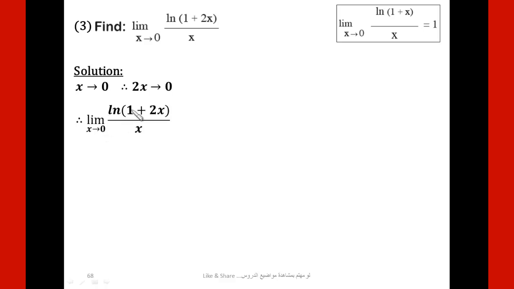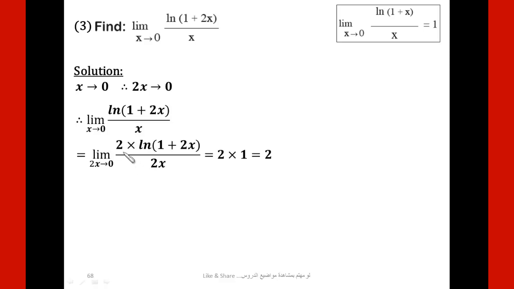Limit ln 1 plus 2x over x when x tends to 0 equals limit multiplying up and down by 2, because we have 2x in the original fraction, so multiply up and down by 2.